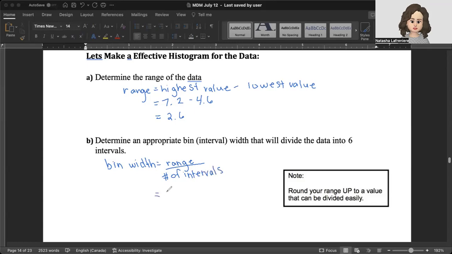Okay, so we found that our range is 2.6. We have 6 intervals, so that gives us 0.5 as our appropriate bin width.